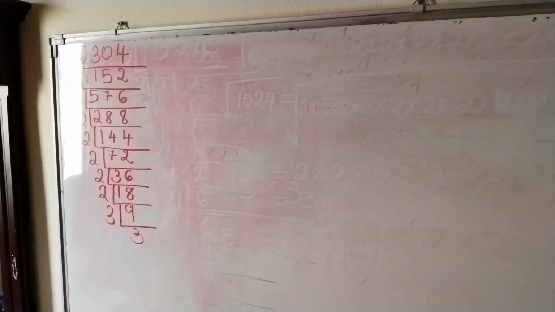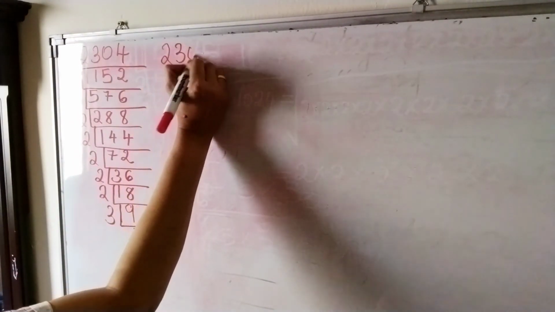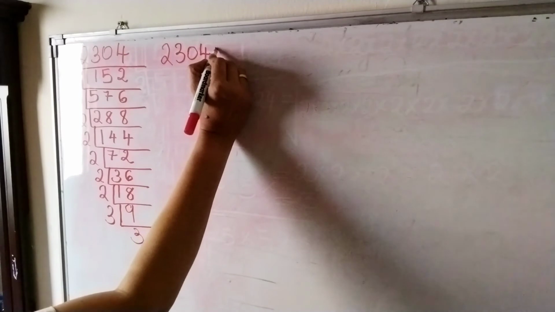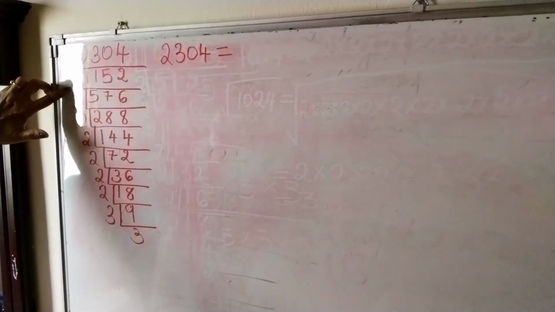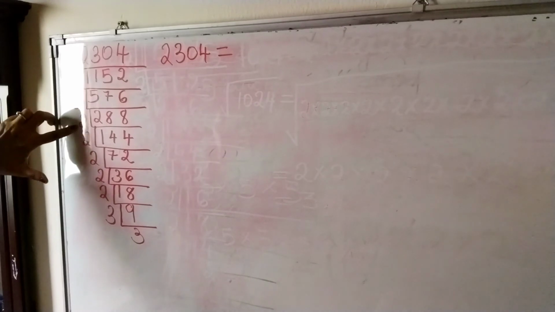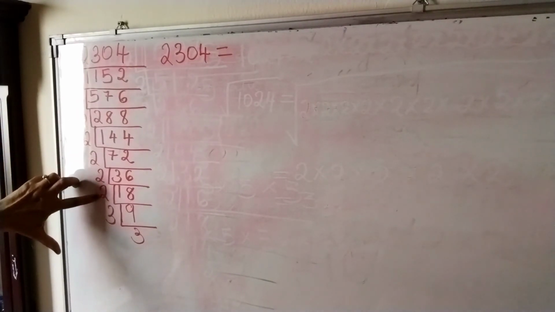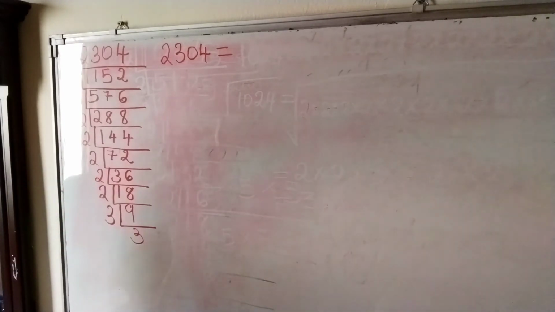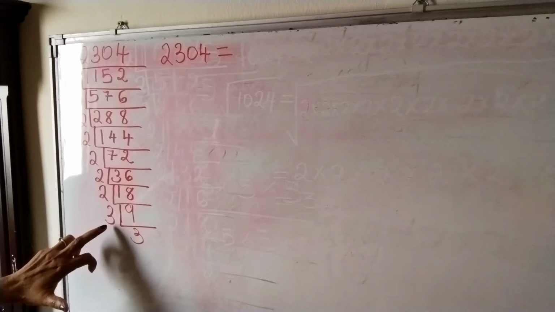So we can get it like this, 2304. Can we write it like this? How many 2s repeat here? 1 2 3 4 5 6 7 8. 8 times 2 repeats. How many times does 3 repeat here? 2 times.